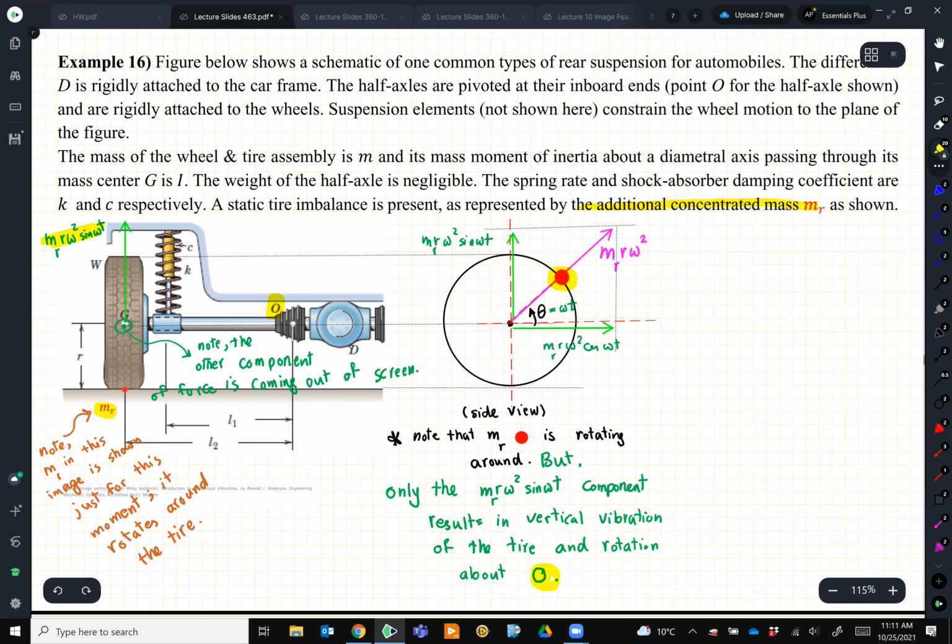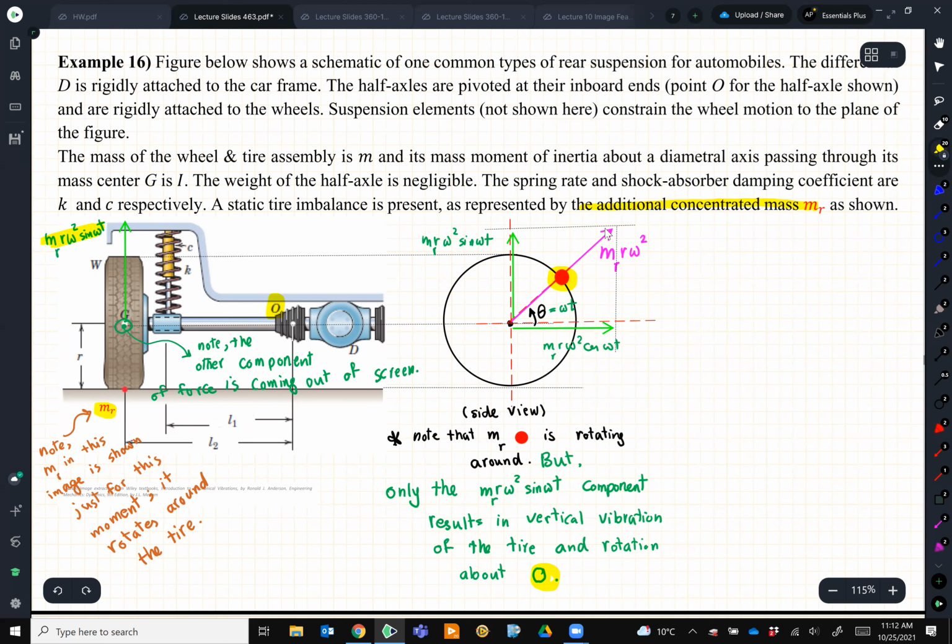So we have this tire and then we have this mass m r, which is an unbalance. It is more reasonable to say this m r may be somewhere on the wheel, not on the tire. However, the same solution. So I look at the side view of this tire. I say this m r rotating around this tire causes this m r r omega squared force for me, right?